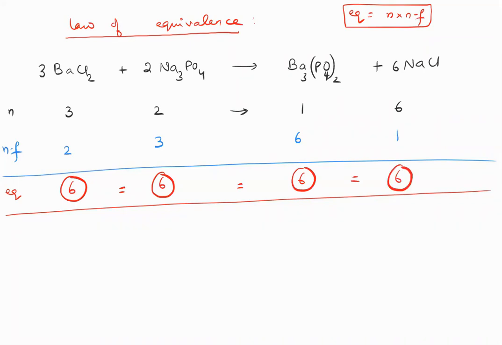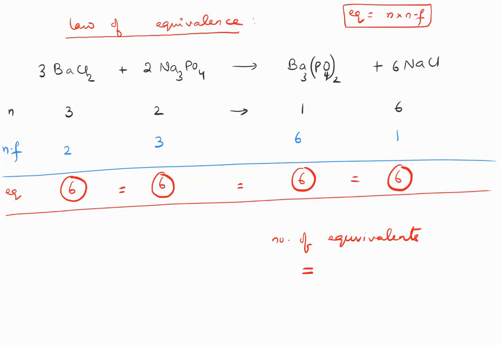Or in other words, the number of equivalents is equal for any substance involved in a reaction. That's your law of equivalence. You can do it for a general equation also, and it will still be correct. So the number of equivalents of any substance is equal to the equivalents of every other substance.